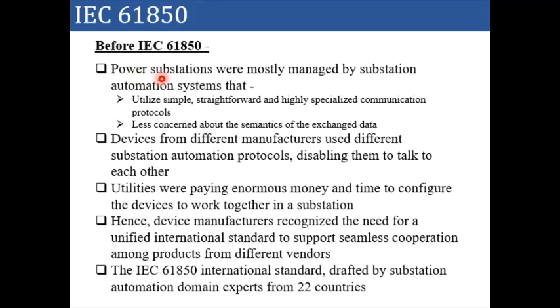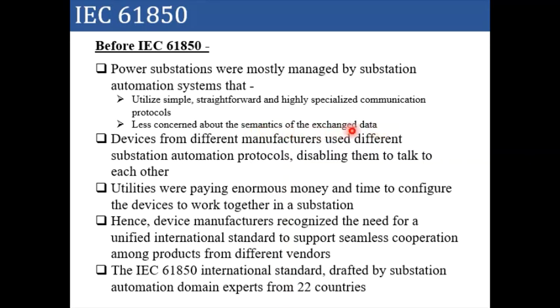Initially the power substations were mostly managed by substation automation systems that were utilizing the simple, straightforward and highly specialized communication protocols, and these protocols were mostly proprietary protocols, so they were less concerned about the semantics of the exchanged data.